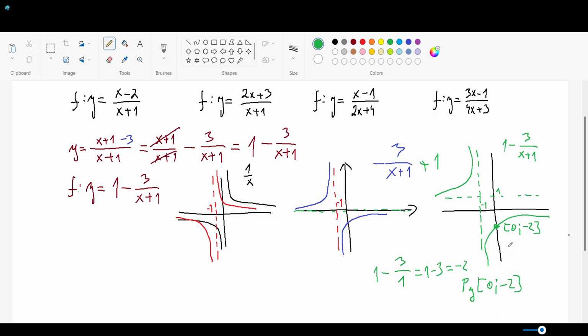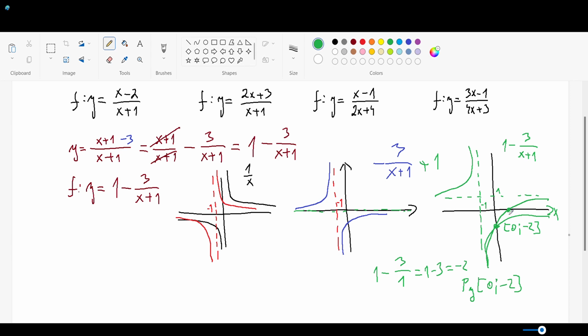Good question, and what I just thought about is that my chart is really not drawn properly, because this part of the hyperbola must also pass through the x-axis.